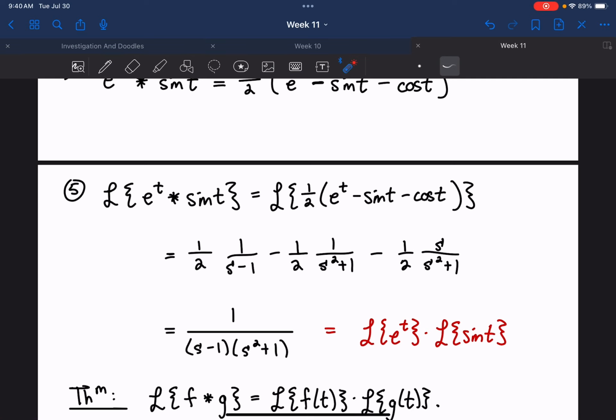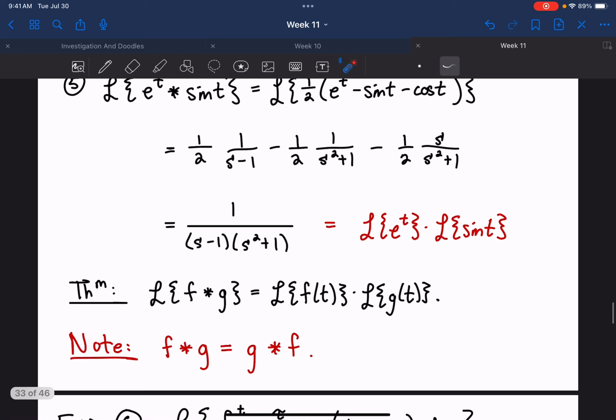The Laplace transform of f convolution g is the product of the Laplace transforms, as functions of s. These are functions of s. So as functions of s, the Laplace transform of the convolution product is the product of the Laplace transforms.